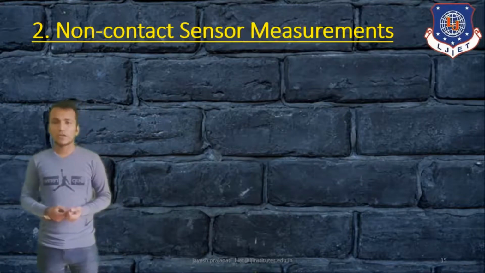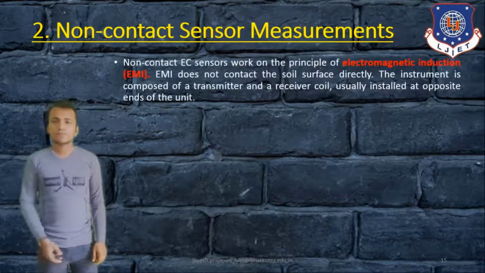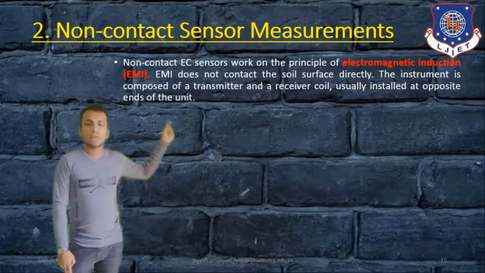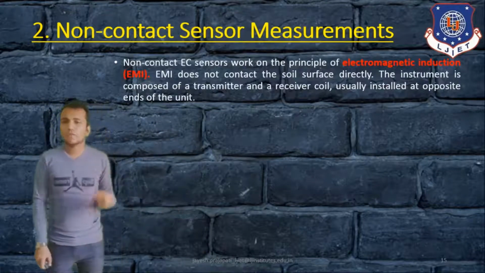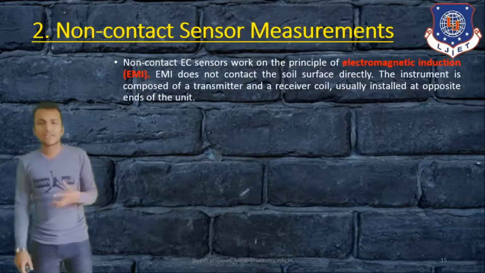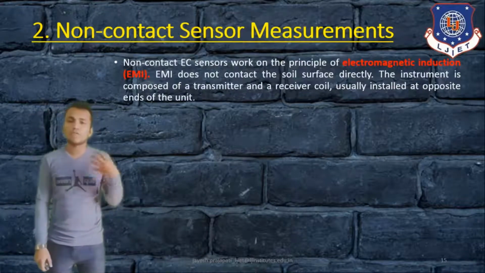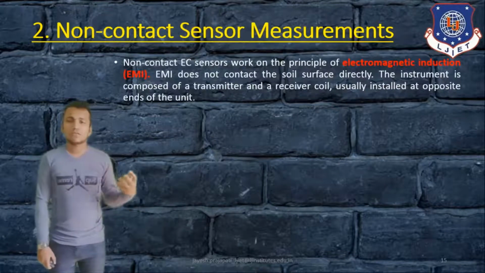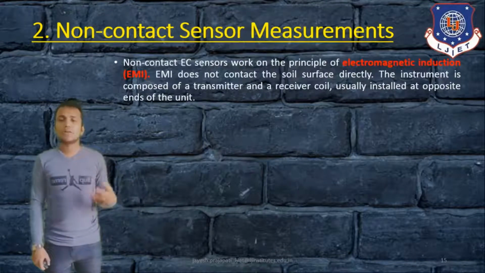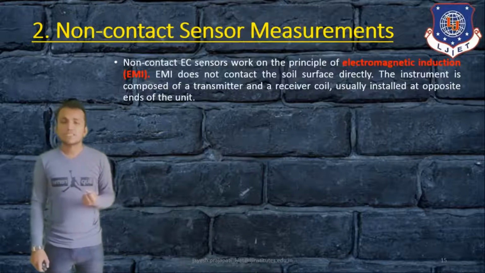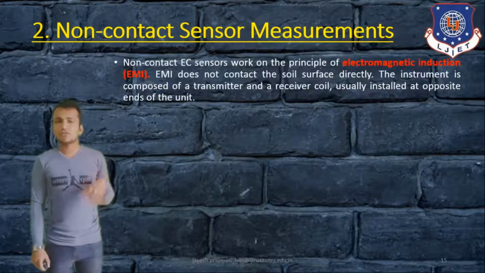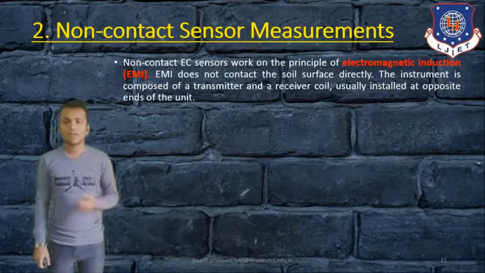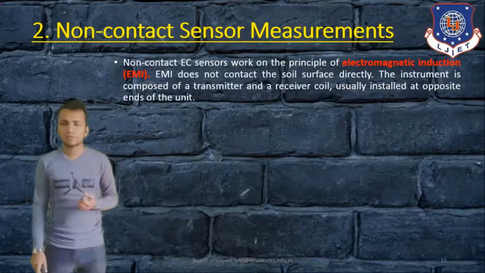Here we can use the principle of electromagnetic induction, Faraday's electromagnetic induction, for measurement of electrical conductivity. EMI does not contact the soil surface directly. The instrument is composed of a transmitter and a receiving coil, usually installed at opposite ends of the unit. Okay, that is a non-contact type sensor.